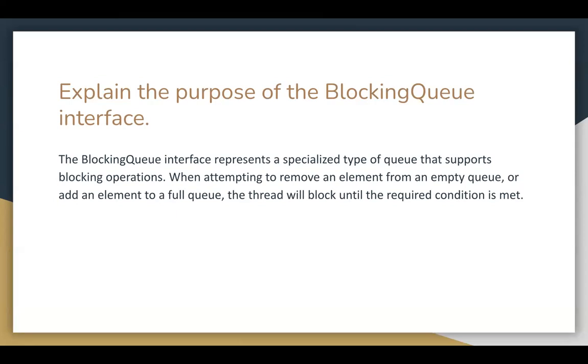Earlier we used to have something like wait, notify, notifyAll. Now we can use the blocking queue. It has the inherent feature of blocking if the queue is empty, or if the queue is full and you are trying to add elements.